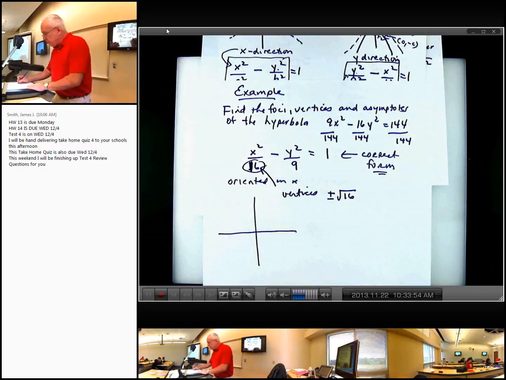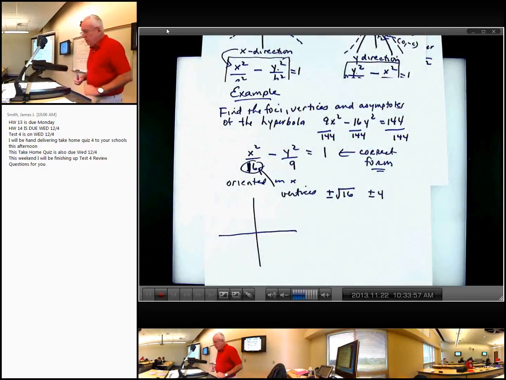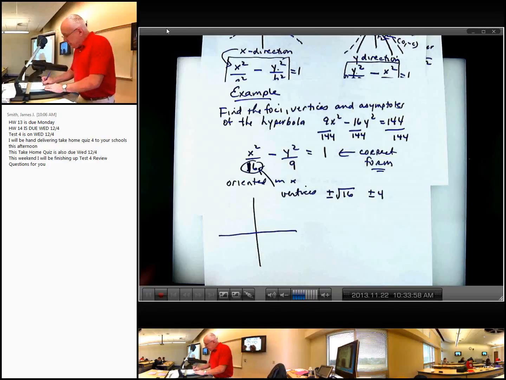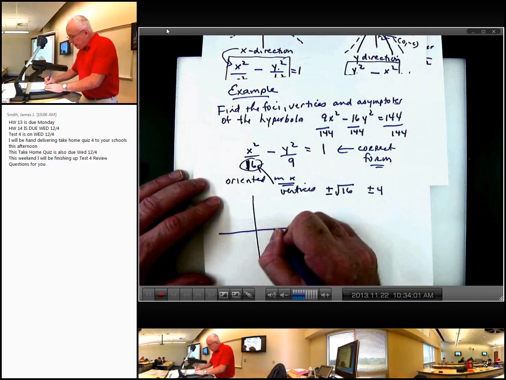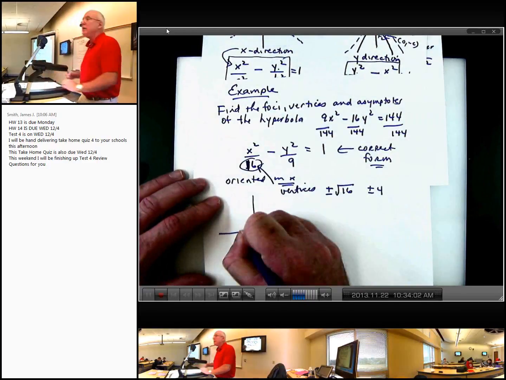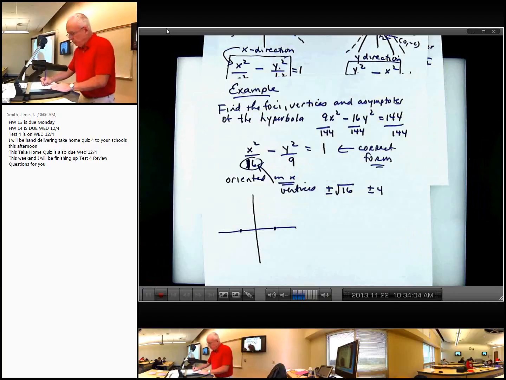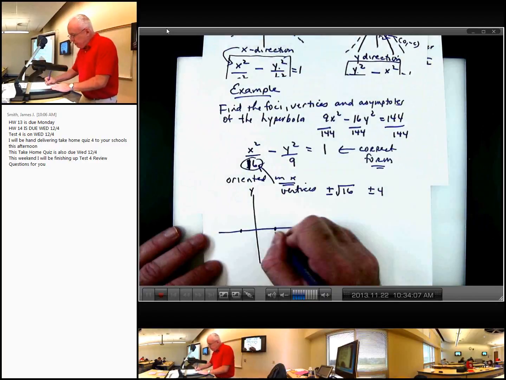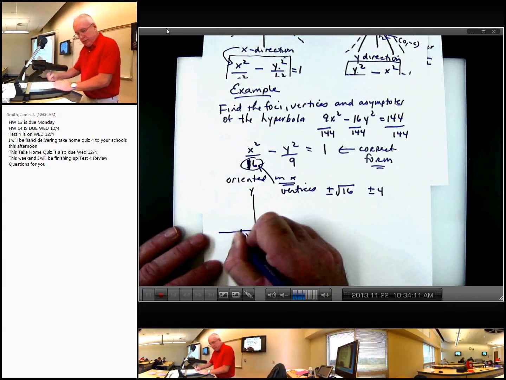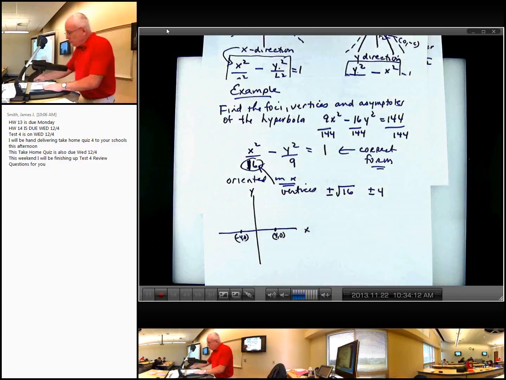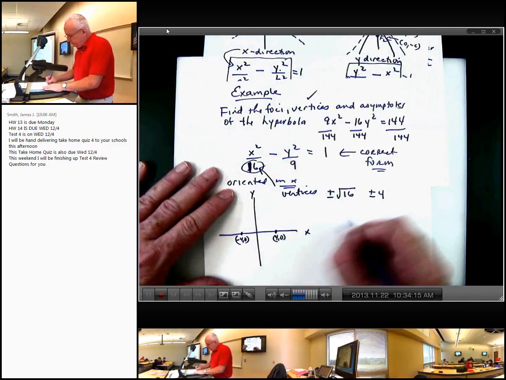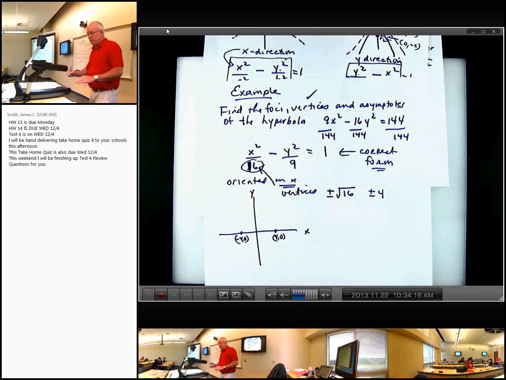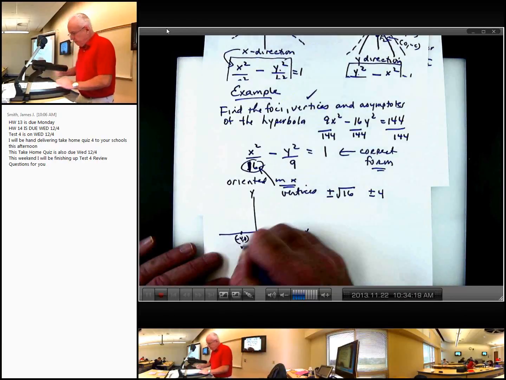So that's plus or minus 4. And this is going to be in the x direction, so I'm going to have 1 here and 1 here. This is going to be 4, 0, and this is minus 4, 0. So those are the vertices. So we found the vertices.